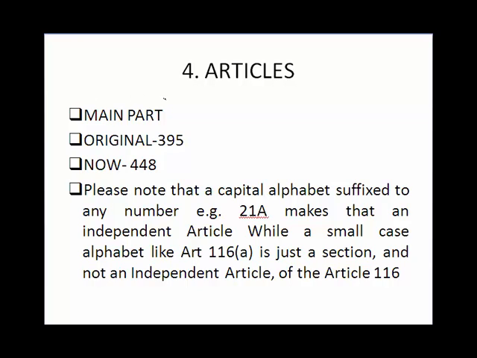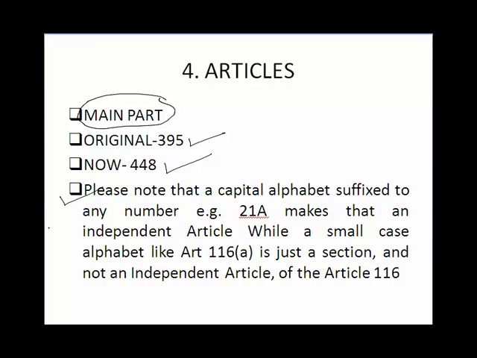Articles are the main part of our constitution. It is the major part of our constitution. Originally, how many articles were there? 395. Now it has been increased to 448.